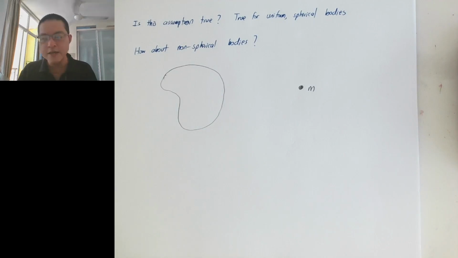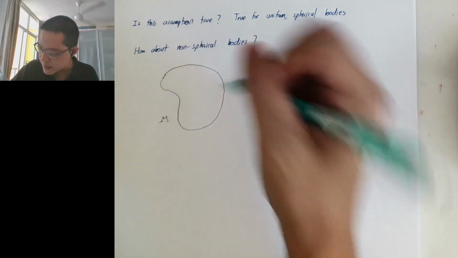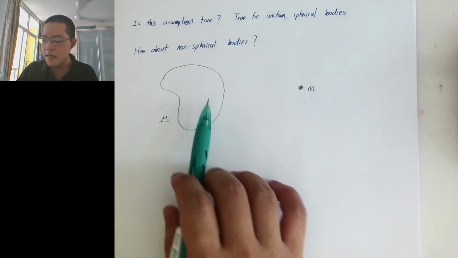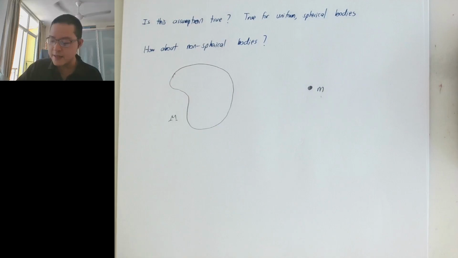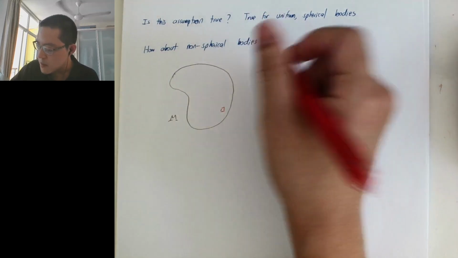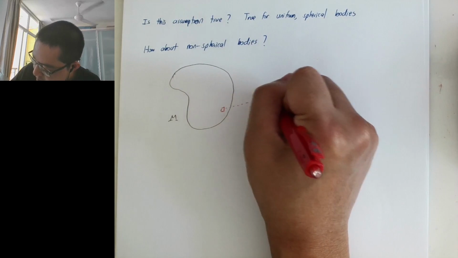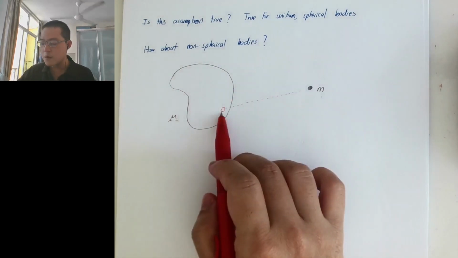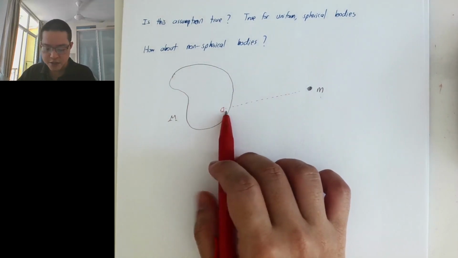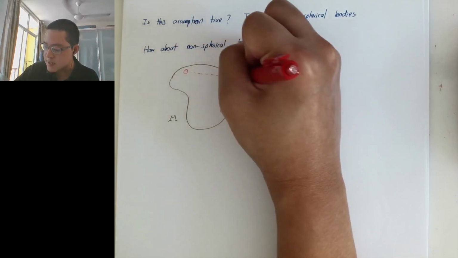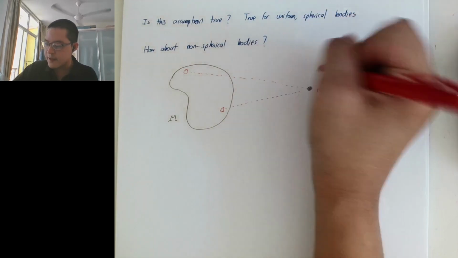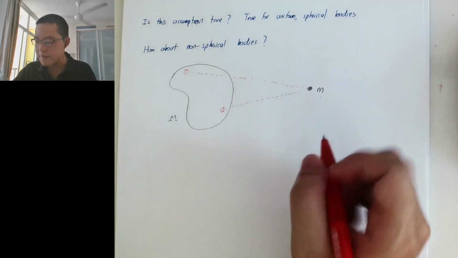So let us try to calculate this. How is this more difficult? Because this mass is a big object. Let's say this has big mass M, and this has small mass m. Because gravity is a distance-dependent force, we can easily imagine that this section is at a certain distance from the object m, so it causes a gravitational attraction. But another portion is at a further distance, so the effect will be very different.